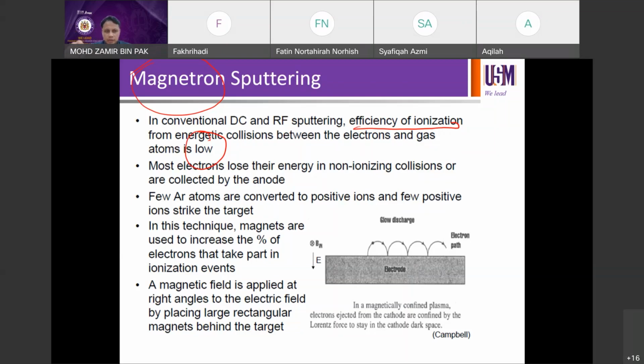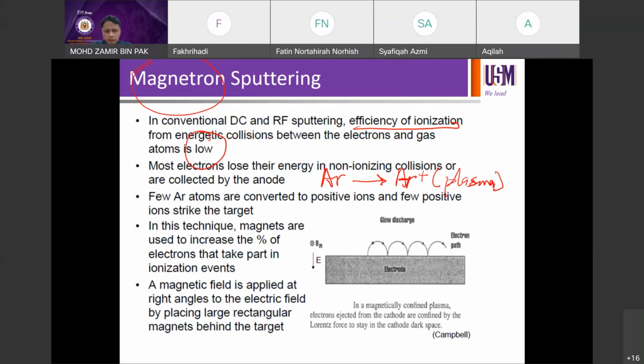Few argon atoms are converted to positive ions. Okay, remember we want to convert argon to argon plus. Kita pakai argon gas, and you want to convert argon gas into argon ions or plasma. This Ar plus is plasma. So you need this plasma in order to initiate the sputtering process and sustain the sputtering process.